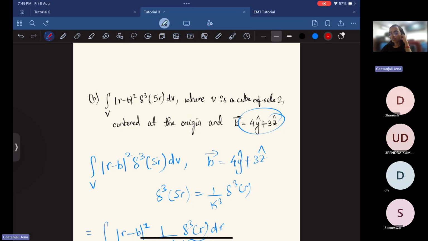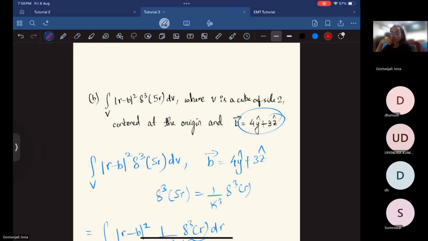This calculation from the actual formula of scalar and vector potential. Okay, so you are talking about, I think, the lecture. In the lecture, they have given one formula for finding the vector potential and the scalar potential.